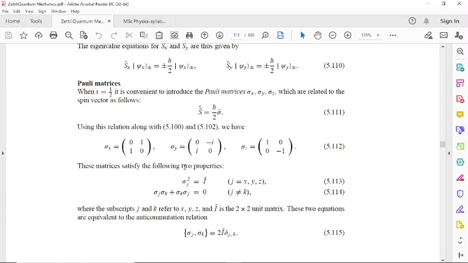These matrices satisfy the following two properties: sigma j square equal to I, sigma j sigma k plus sigma k sigma j equal to 0. These two equations are equivalent to the anti-commutation relation: anti-commutator of sigma j, sigma k equal to 2I delta jk.